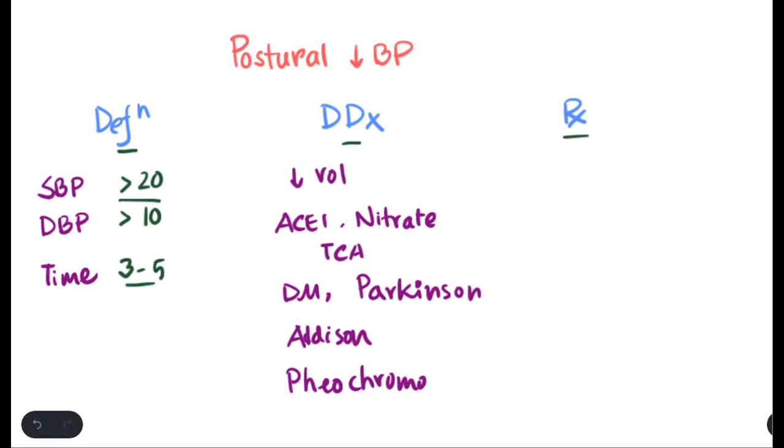Now, let's talk about the treatment of postural hypotension, also known as the orthostatic. Some books mention this as orthostatic hypertension, same thing. So the treatment depends on whether the patient has symptoms or not.